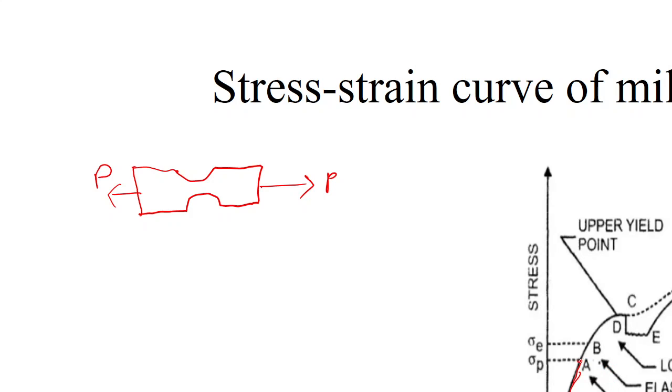After this, within a small distance, when I keep on continuously loading, there will be a point termed the elastic limit, wherein up to this point, whatever deformation happens, after unloading we can regain the original shape. That is termed the elastic limit.